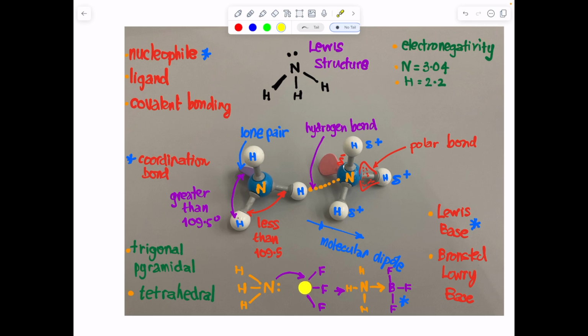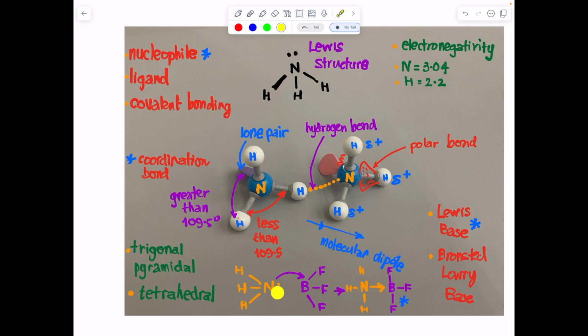Here, of course, 3 from boron itself and sharing 1 here, not having a full octet. But BF3 is electron deficient, and it will have a tendency to attract electrons to itself. And the ammonia molecule has this lone pair right here, which it can donate. And being a lone pair donor makes it a nucleophile. It donates its electrons to this electron deficient center.